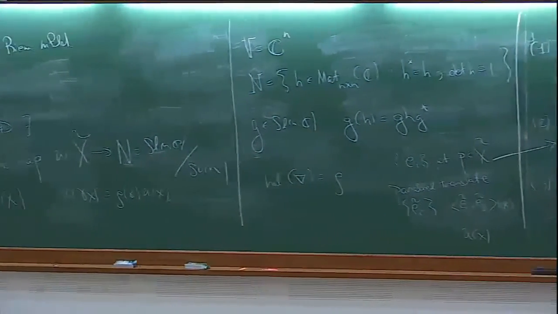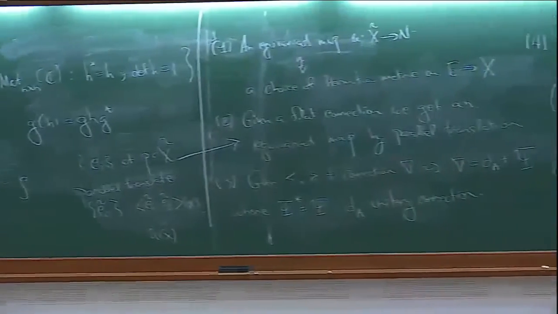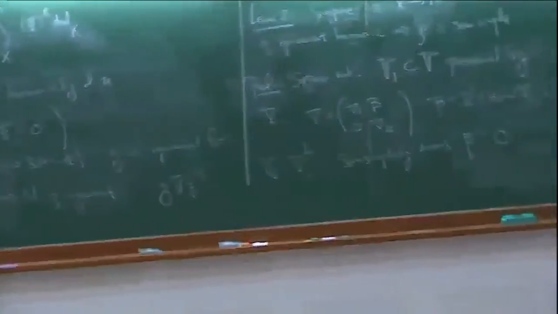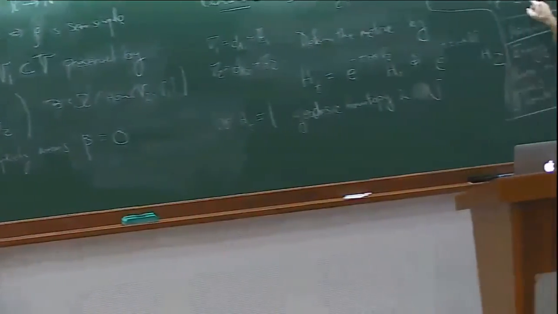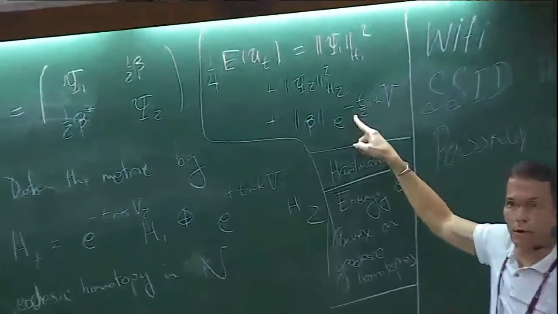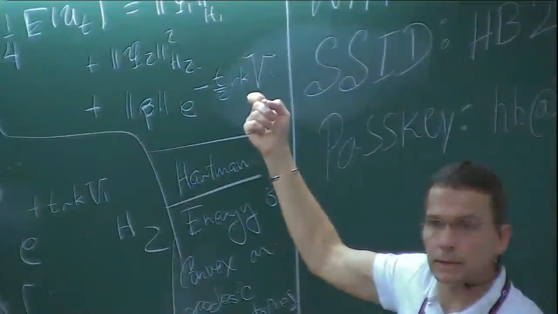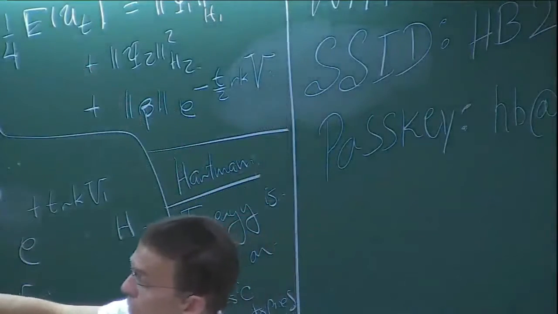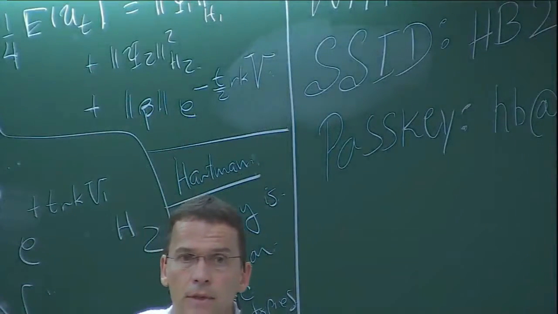Okay? So the energy is convex along geodesic homotopies, but look at this. Here's the energy on this geodesic homotopy, and it's bounded as t goes to infinity, for example. So the only way that it can have a critical point at t equals 0, where we said that u_0, the original one, was a harmonic map, right?